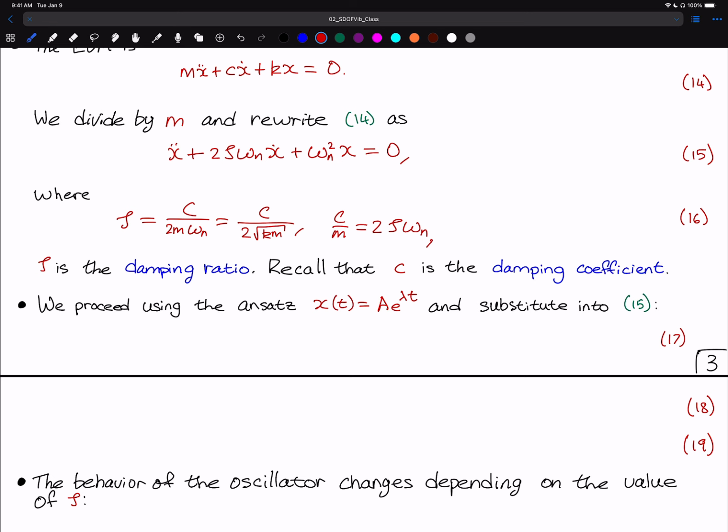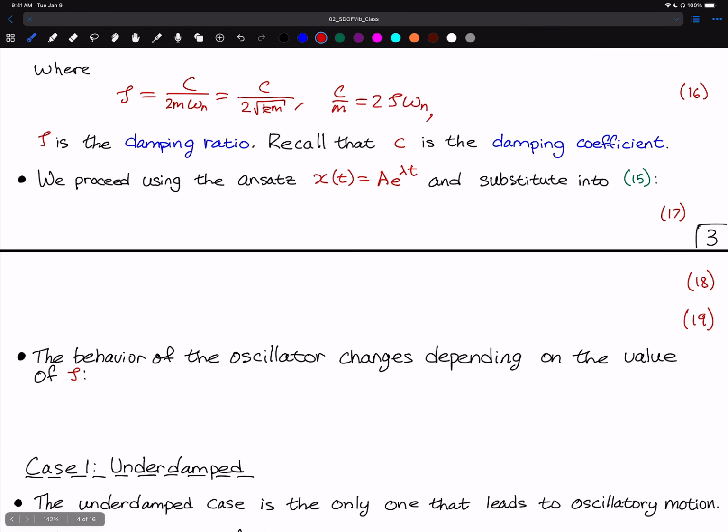We're going to proceed by using the ansatz x of t equals A e to the lambda t, and then we're going to substitute that into equation 15, and then use that to find the solution to the equation of motion.